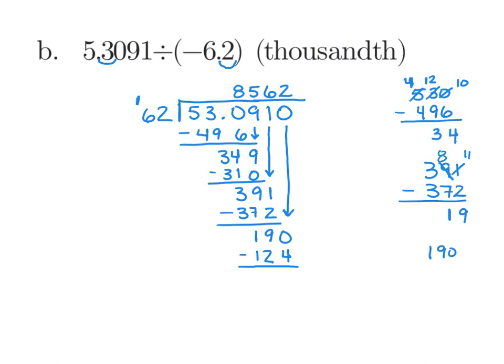I'm going to go off to the side again and do my 190 minus 124. 9 becomes an 8. 0 becomes a 10. 10 minus 4 is 6. 8 minus 2 is 6. And I do have a slight problem here. 66 is bigger than 62. So I did not go far enough.